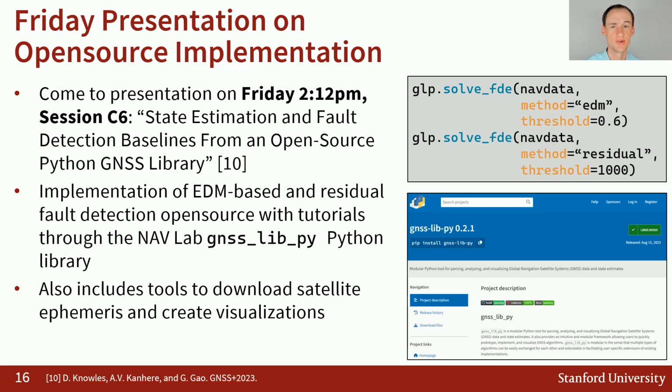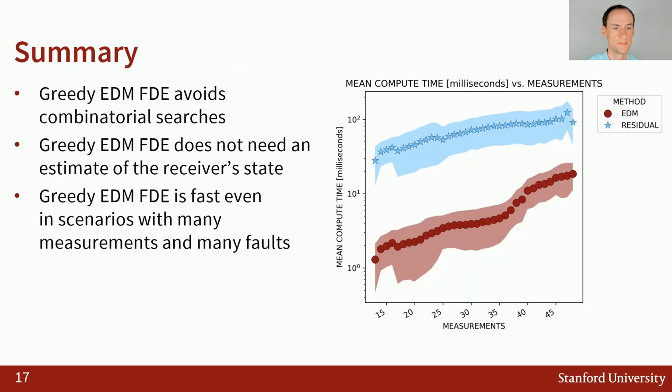It also includes tools that we use to create the simulated dataset, automatically downloading ephemeris and creating the visualizations in this presentation. And so if you're interested in learning more, I invite you to come listen to my Friday session C6 presentation on state estimation from the Python GNSS library.